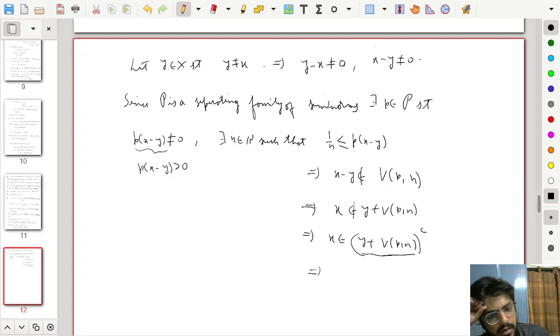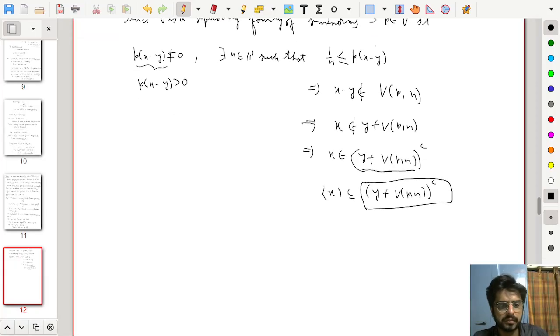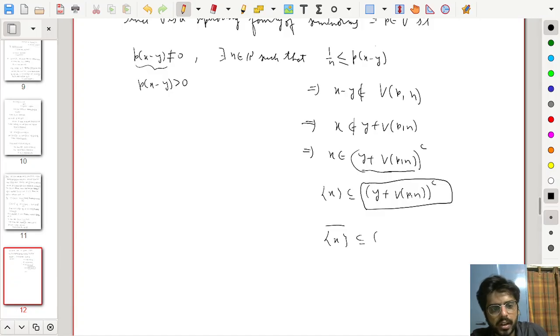This implies singleton x is contained in the complement of y plus V_{p,n}. This is a closed subset. This implies the closure of singleton x is contained in the complement of y plus V_{p,n}.